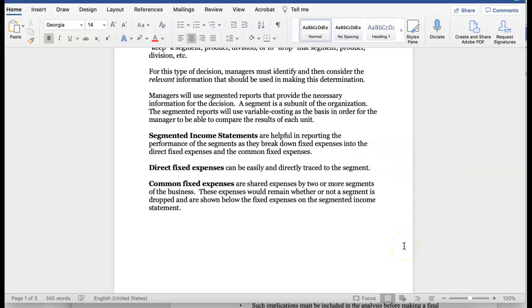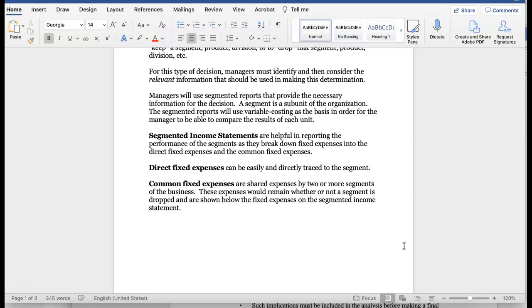A direct fixed expense is easily and directly traceable to that specific segment, whether that's a product or a division or a line, whatever the company has broken it into. If it can be traced to that segment, it could be a direct fixed expense.